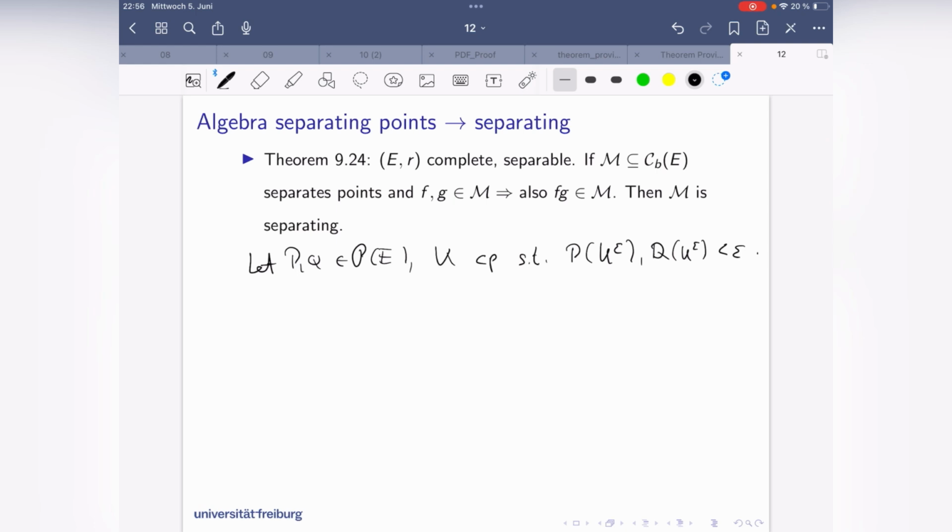I will also need that x times e to the minus x squared is bounded, which I call C here. So, well, this function here is bounded because, well, the e to the minus just is much stronger than the x here.